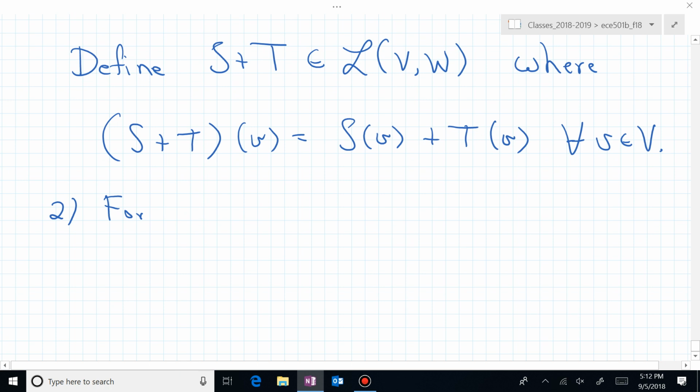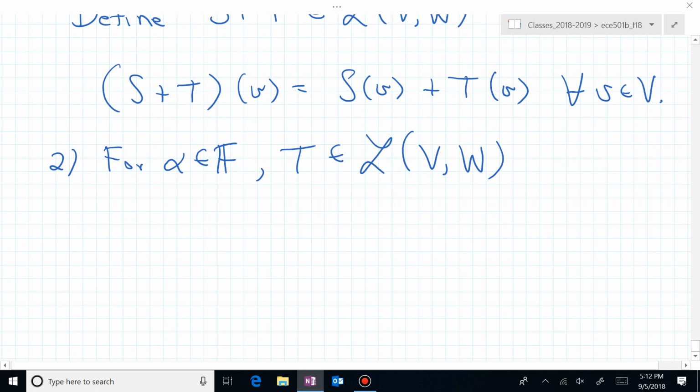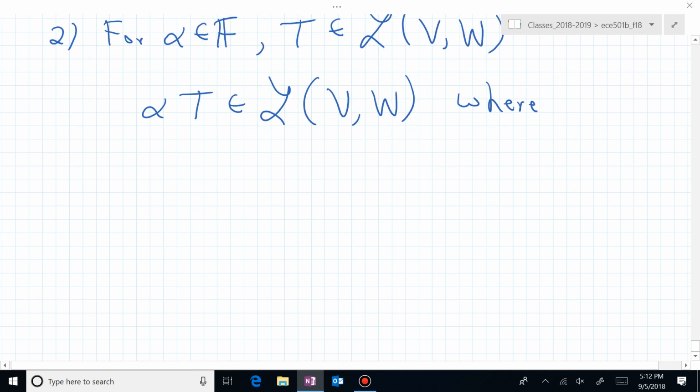Then for scalar multiplication, we can have alpha coming from F and T belonging to our set of linear maps, L of V W. Then alpha T is also in the set of linear maps, where alpha T applied to v is just going to be alpha scaling T v.